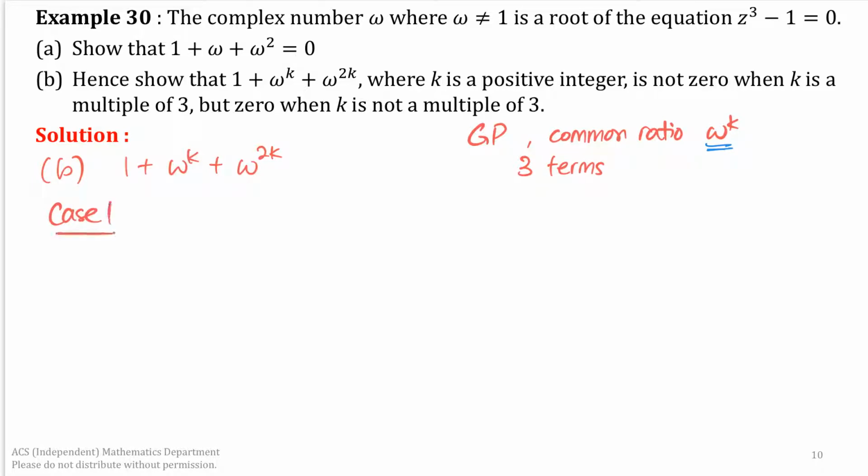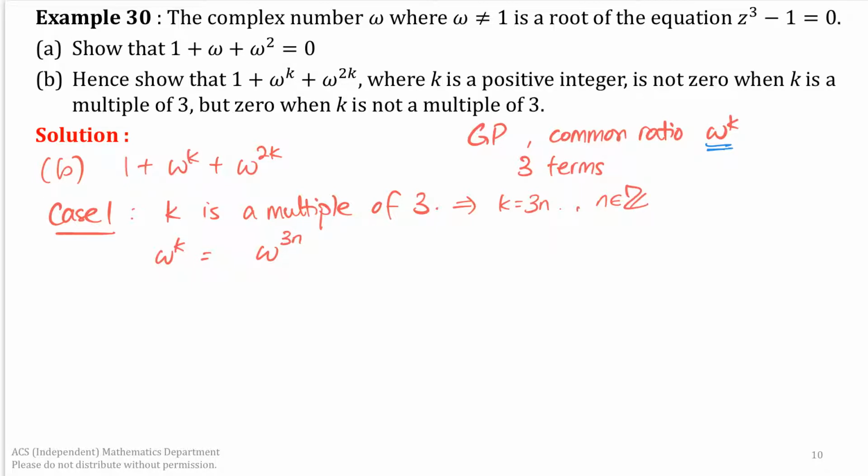So case 1, if k is a multiple of 3. Then omega to the power of k can be written as omega to the power of 3 times some integer n, because k is a multiple of 3 means that I can write k equals 3n, where n is just any ordinary integer.